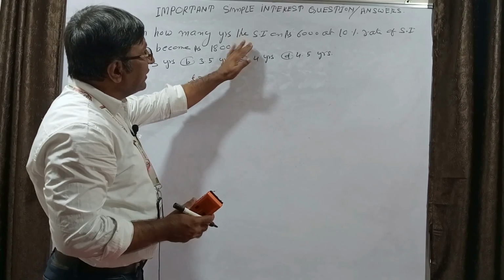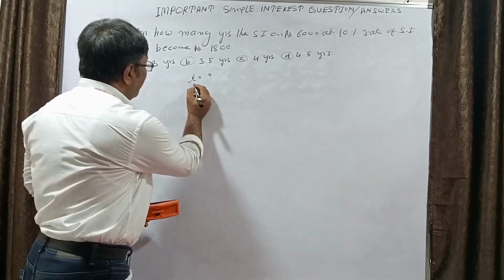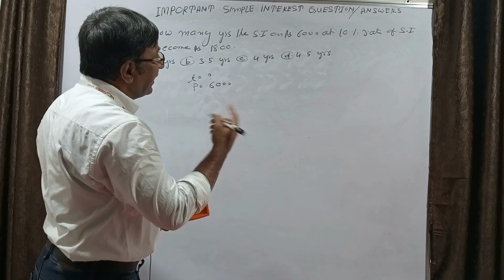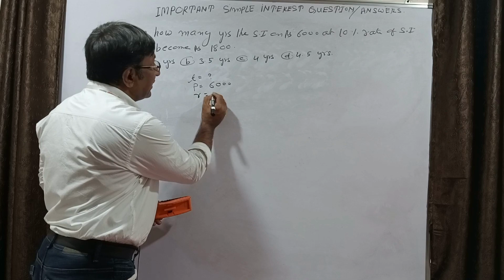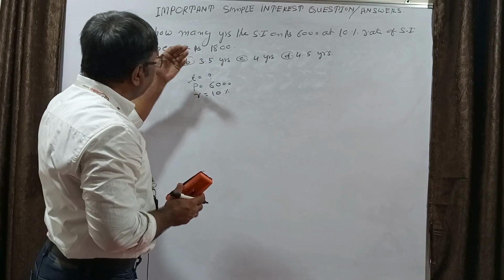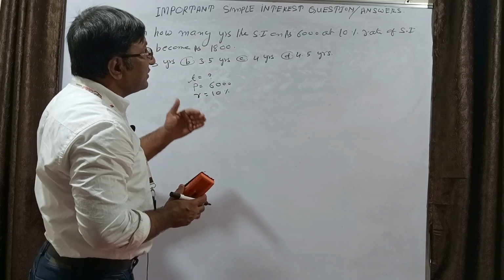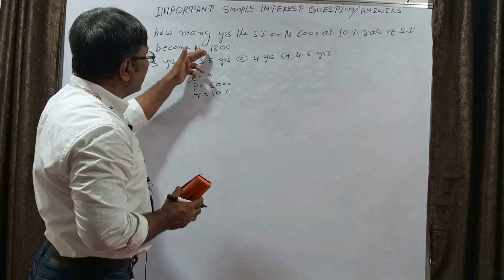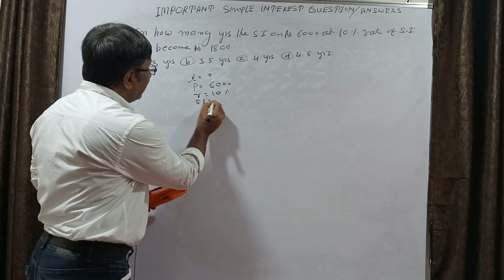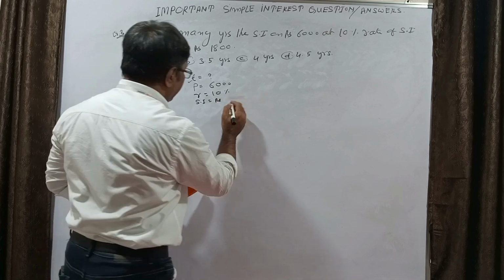The simple interest on rupees 6000, so principal is 6000. At 10% rate, so the rate is 10%. It will become rupees 1800, so the simple interest is given as rupees 1800.